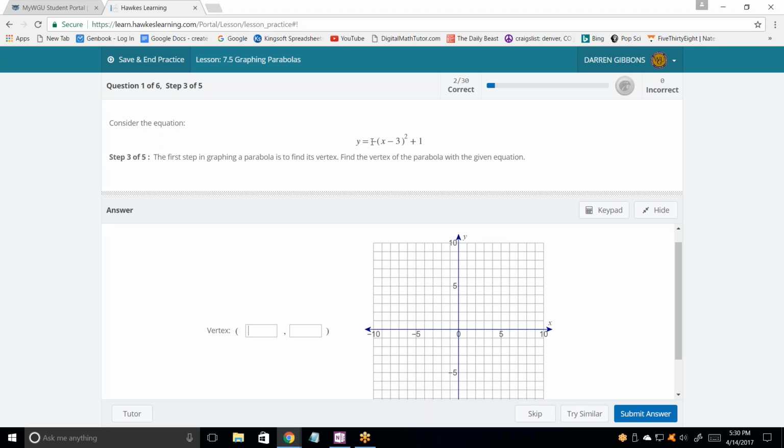The only thing going on here is a shift to the right of 3 units, a shift up of 1 unit, and a reflection over the x-axis.